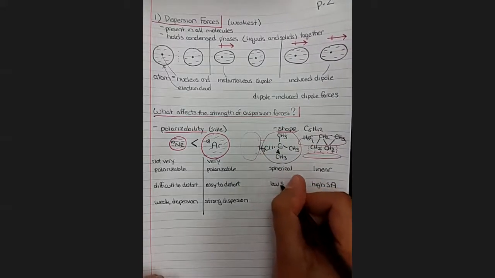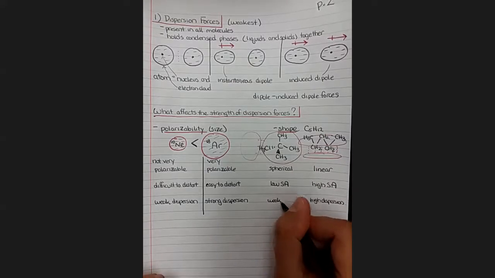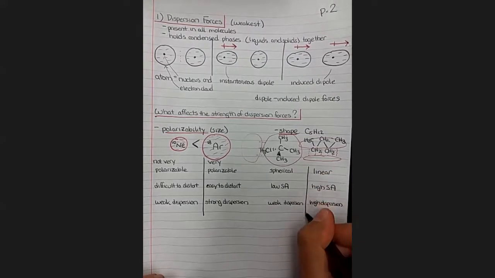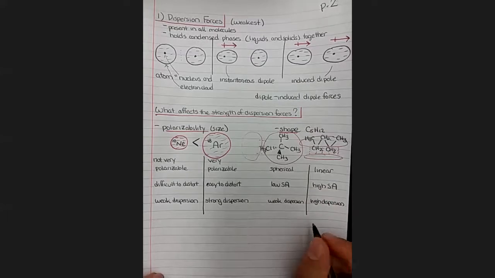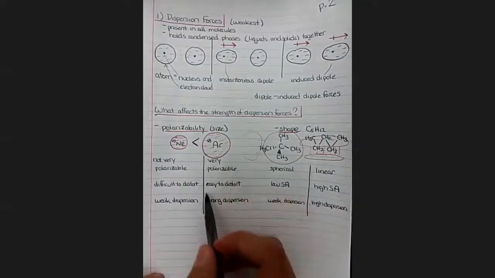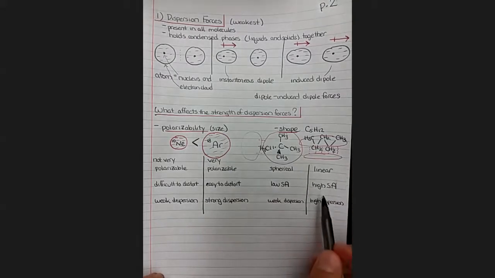They're not touching each other as much, so they're going to have weak dispersion. So the highest dispersion forces are very large, very polarizable molecules, and longer, more linear shapes.